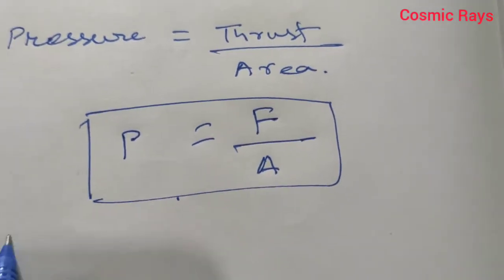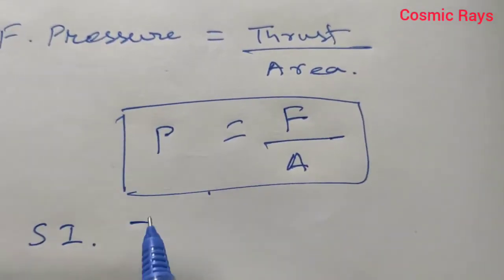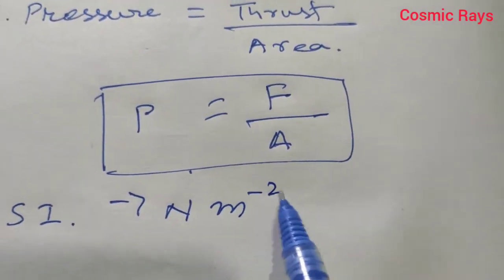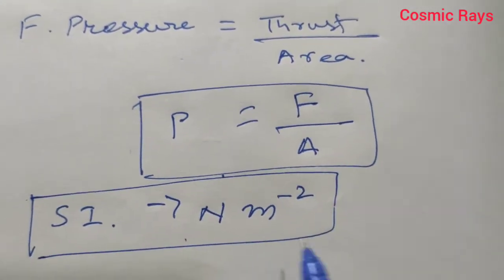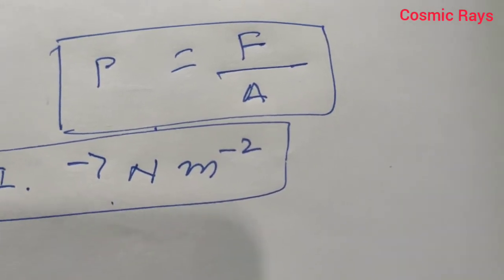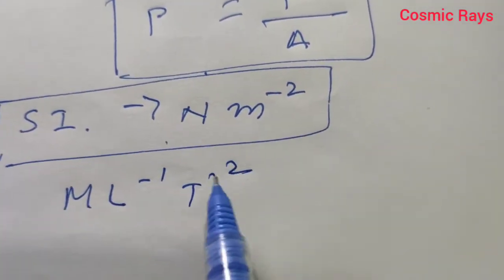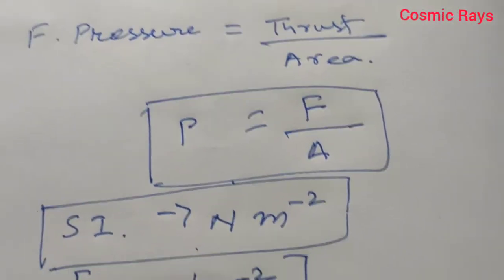To find the SI unit, the SI unit of force is Newton and area is meter square. So the SI unit for pressure is Newton per meter square, and the dimensional formula would be M L^-1 T^-2. This is the dimensional formula for pressure.